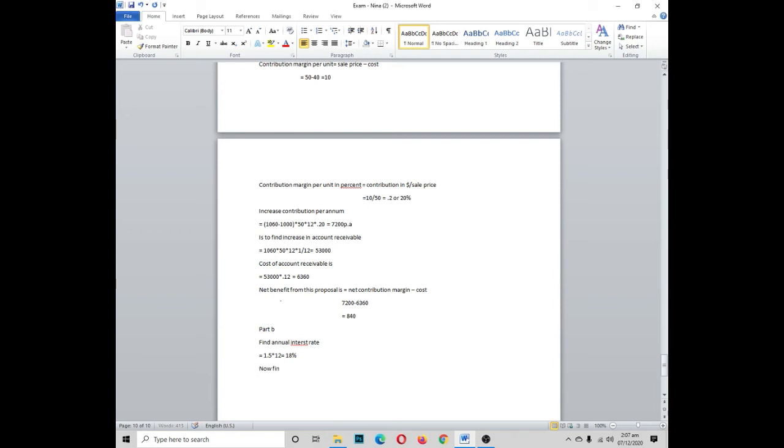Now find the cost of accounts receivable. Accounts receivable we found in part A is 53,000, multiplied by 18%, equal to 9,540.